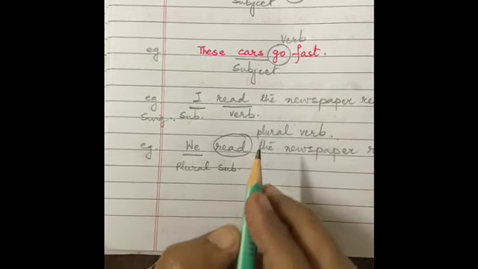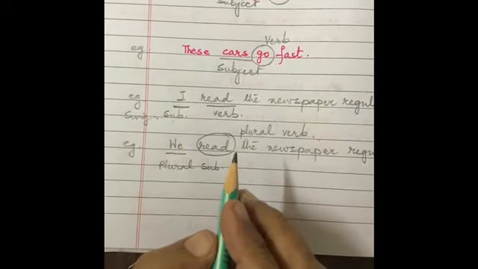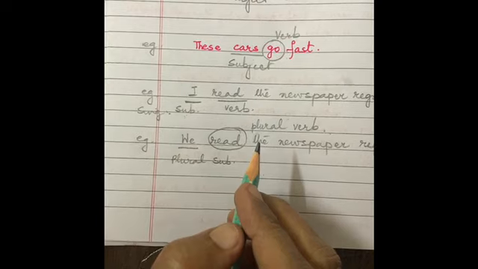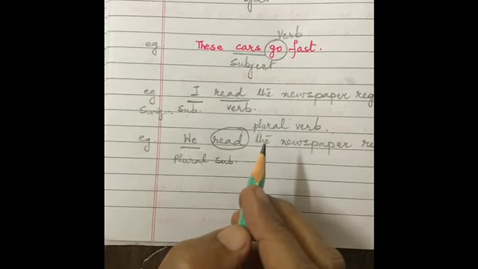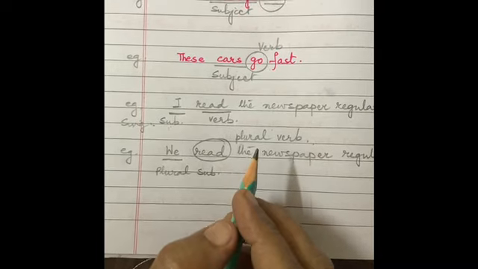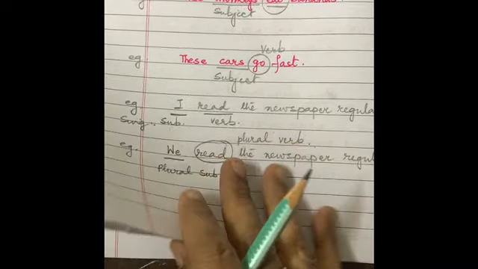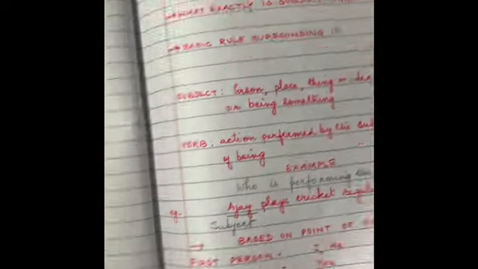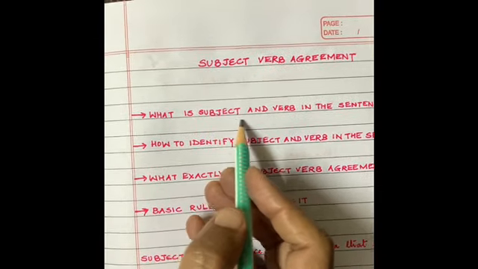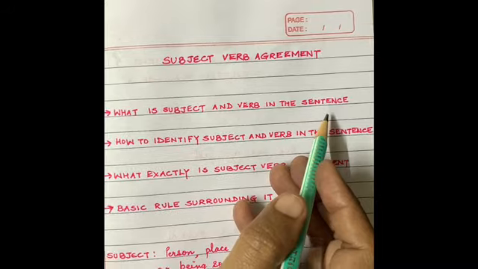Now, there are some important rules related to subject-verb agreement. Those rules will be discussed in the next video. Now, let's quickly revise what we have learnt in this lesson. Firstly, we talked about what is subject and the verb in the sentence.